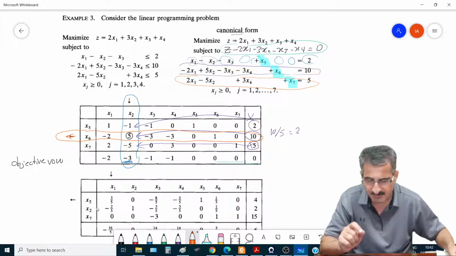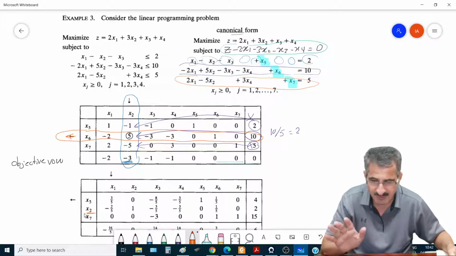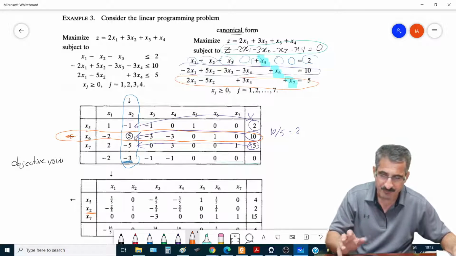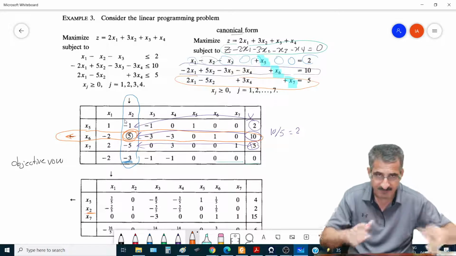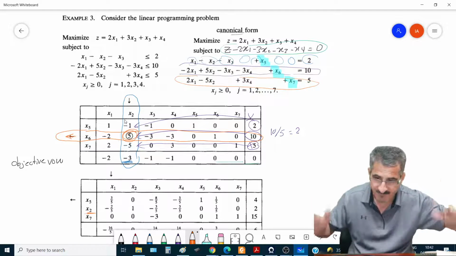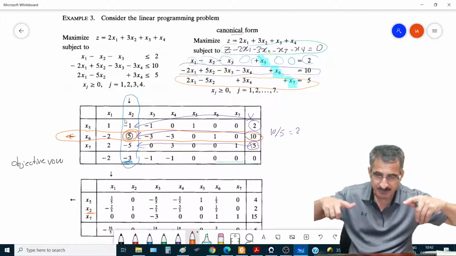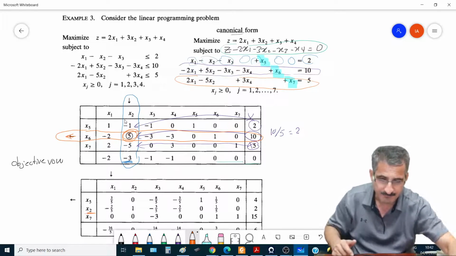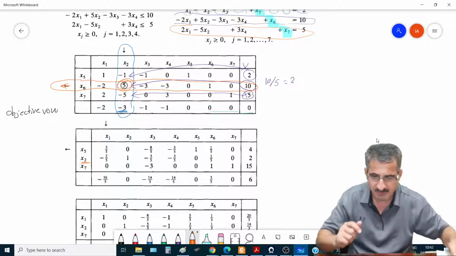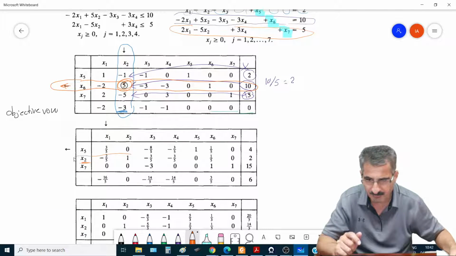Okay, so now if you notice here, x6 has gone and we have x2 instead. Now again, do the row operation: make this 5 a 1, divide everything in this row by 5, and do the row reduction for the whole table. So we get the new row.